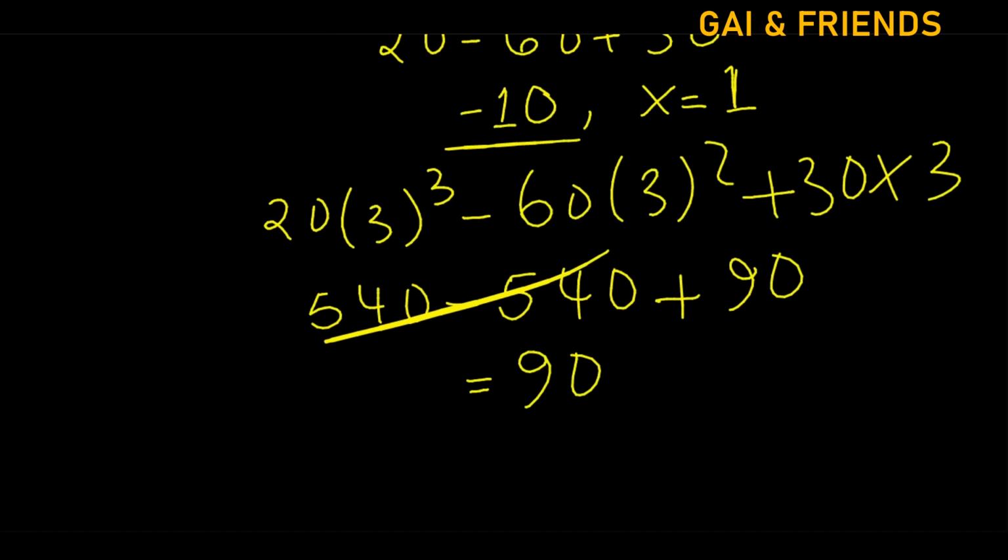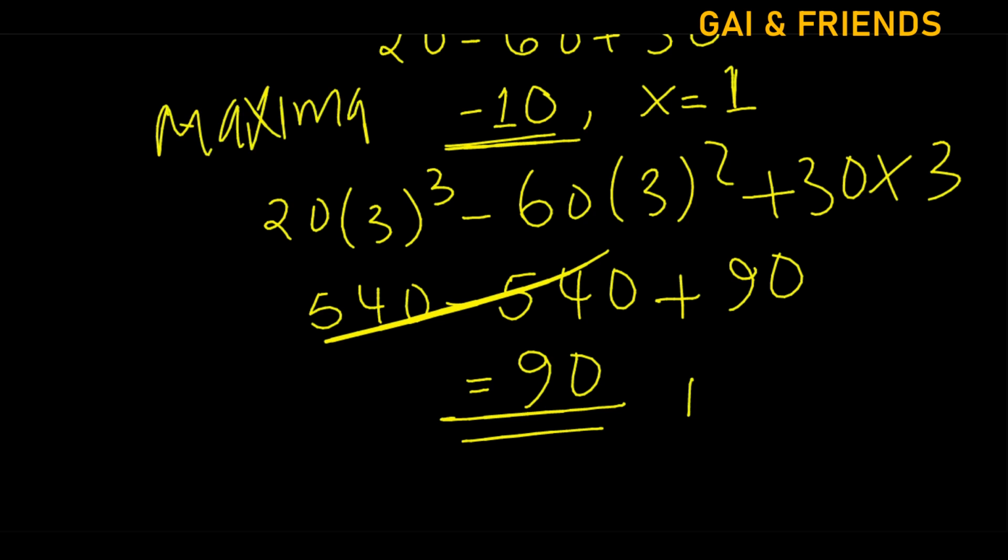That means our second derivative is less than 0 at one point and greater than 0 at the other. This point is a maximum. This one is a minimum.